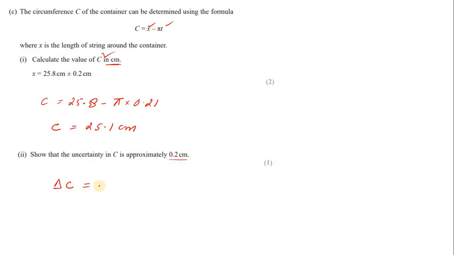So delta C will be equal to delta x plus delta T. So delta x is 0.2 plus delta T is 0.05 millimeter, but 0.005 centimeter. So you can say that 0.205 centimeter, which is approximately 0.2 centimeter. This is accurate uncertainty.